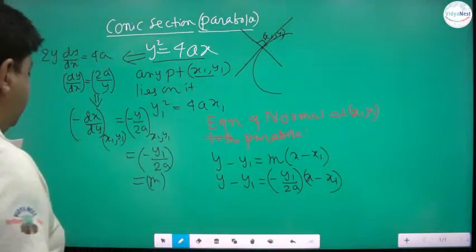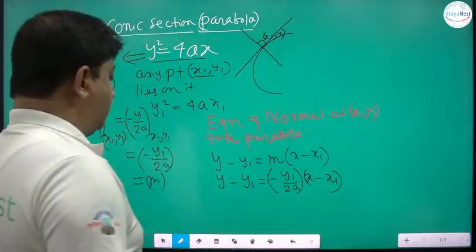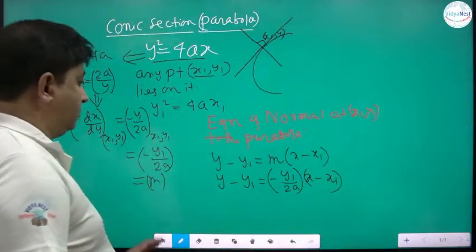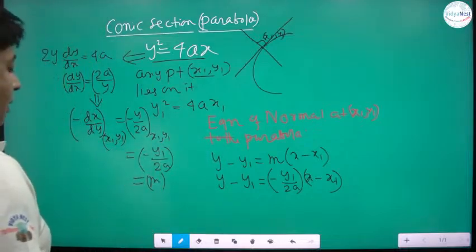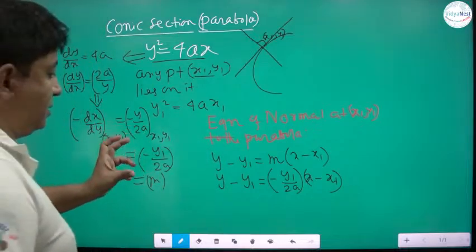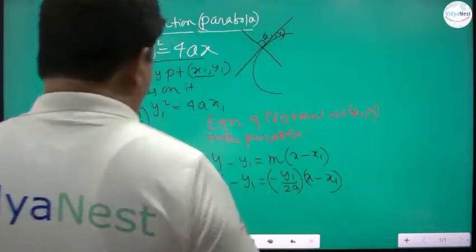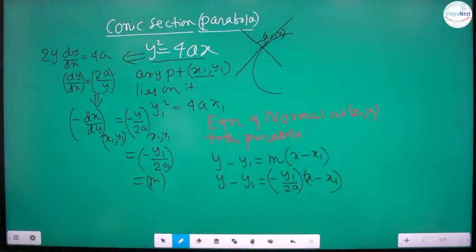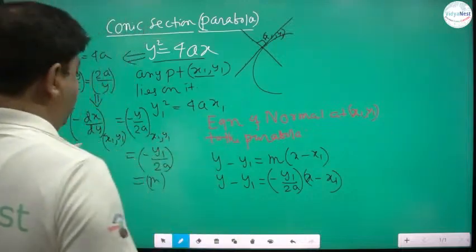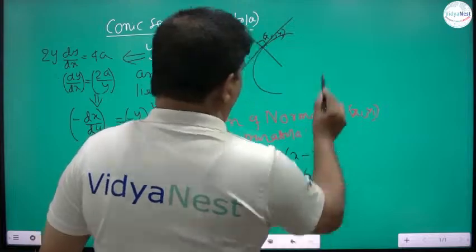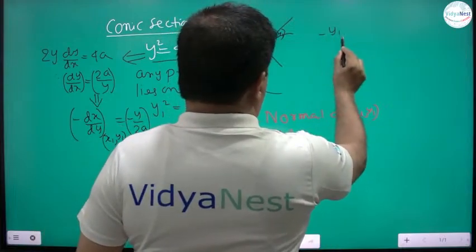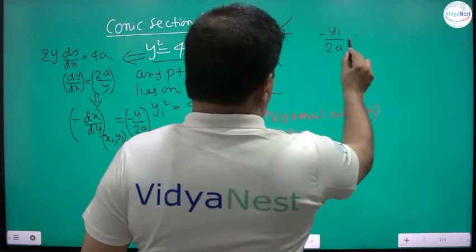Now, how to get the simplified version of this? This is normal, but this is not the working formula of normal. Here this is slope, so I can make them equal: minus y1 by 2a is equal to m.